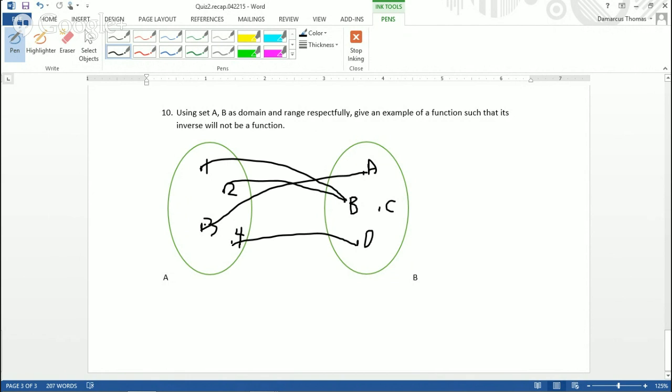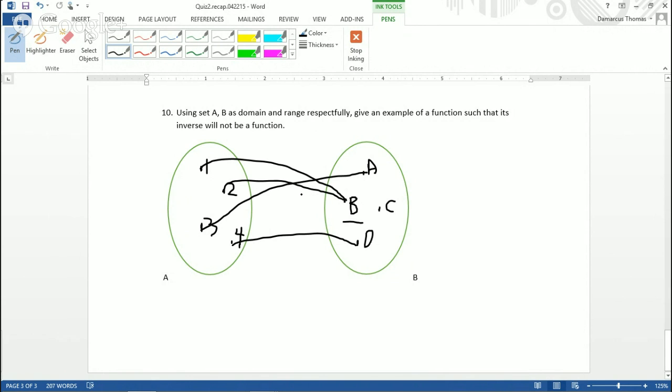However, now, if we go in reverse, if this is the domain and there's our range, the inverse would not be a function because of this pair here. It's going to two different values. And so therefore, this would be an example of a function such that its inverse would not be a function. It's okay to have two, we call it many to one, but you can't have one to many. And so because of that, that's an example.